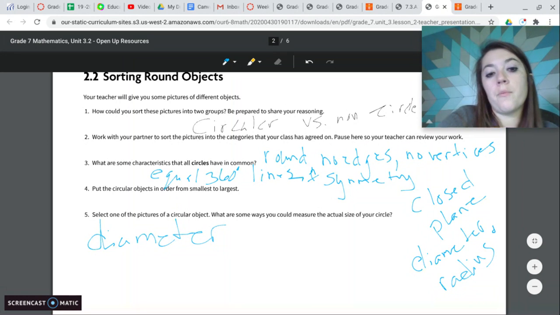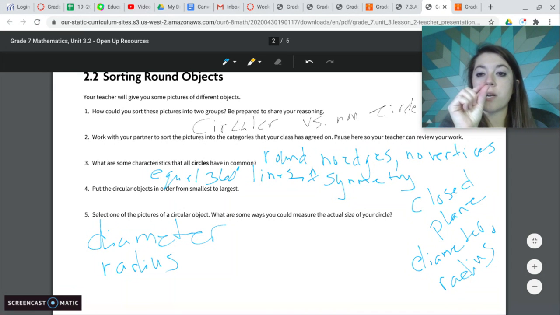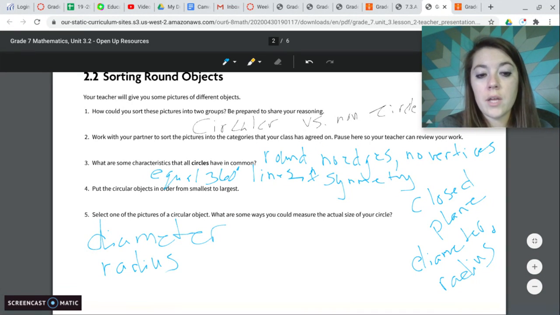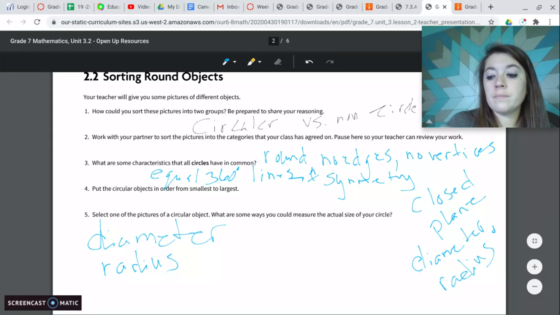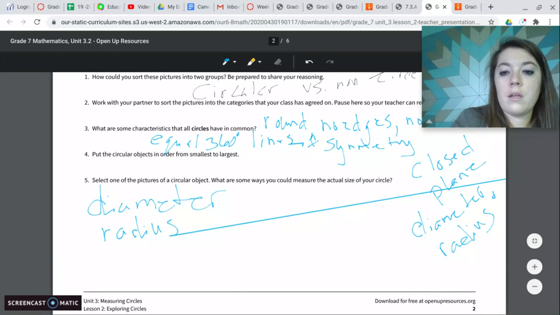We have the radius, because we've already talked about these two things. And remember, radius goes from the centermost point to the edge of the circle. And then the last thing is the circumference, so all the way around.